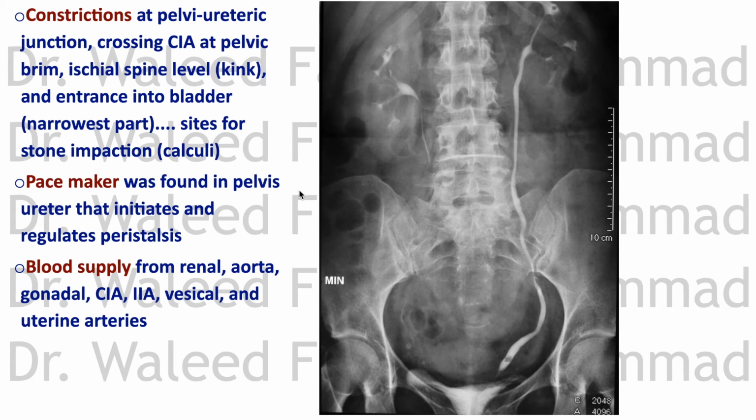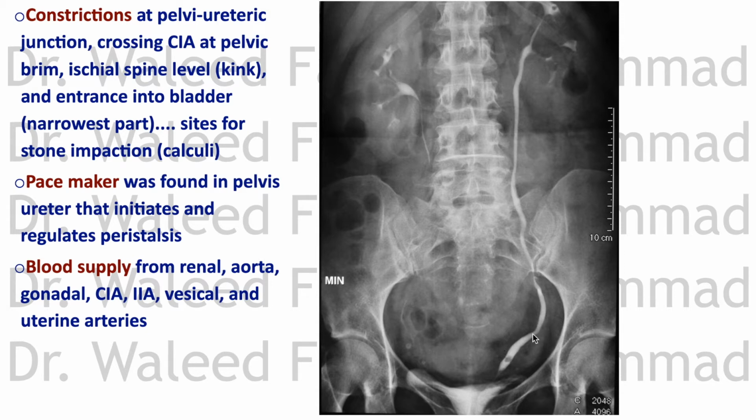Constrictions along the course of the ureter. There is one at the pelviureteric junction, one as it crosses the common iliac artery opposite the sacroiliac joint at this level approximately, and one as it kinks forwards level with the ischial spines.